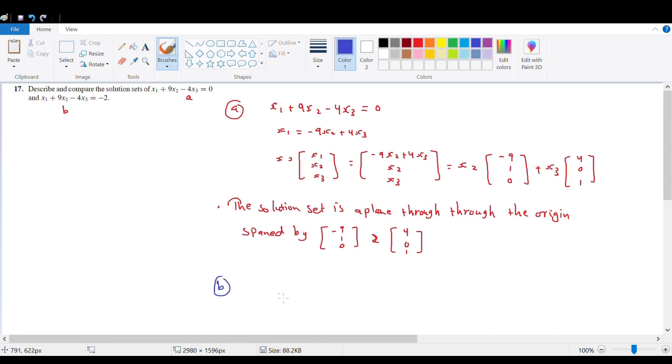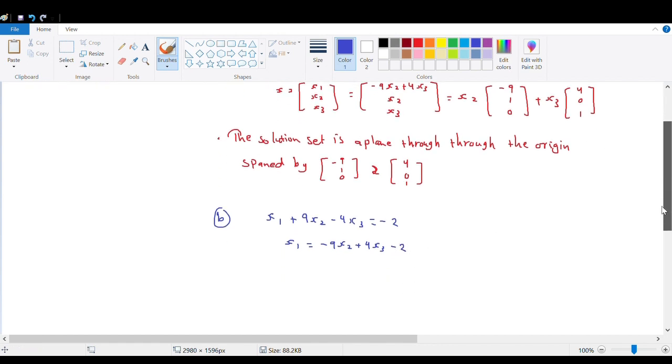We have x1 + 9x2 - 4x3 = -2. So from here x1 = -9x2 + 4x3 - 2.